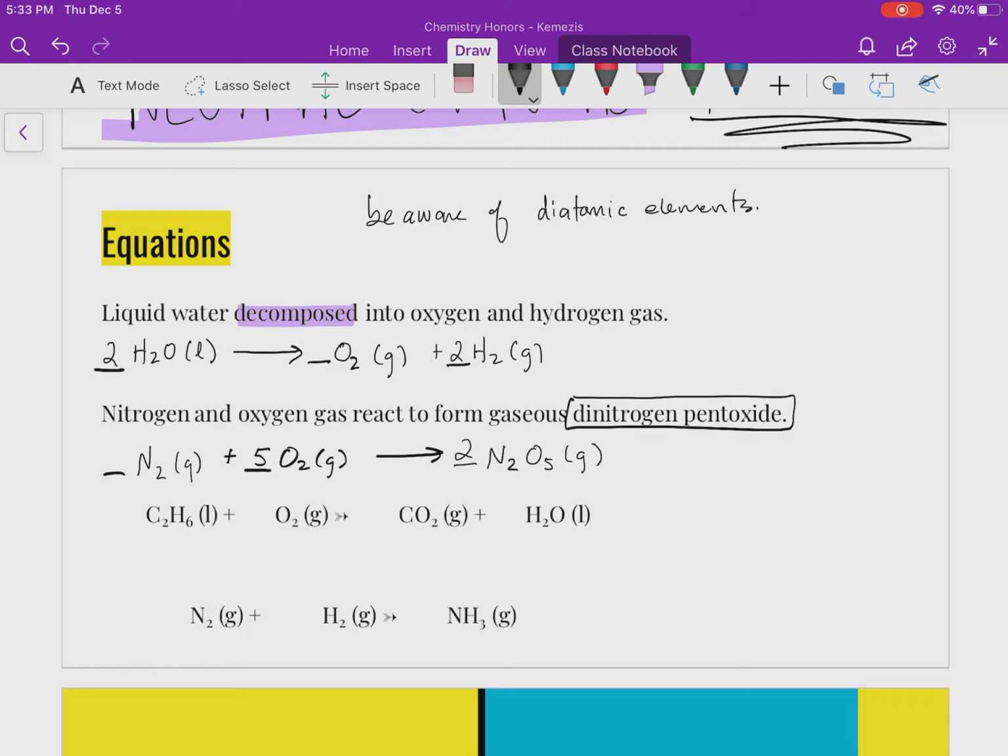And yeah, I unbalanced my nitrogens, but how easy is it to just put a 2 in front of the nitrogen, right? So just because nitrogen was set at 2 doesn't mean it has to stay that way. It just happened to be working at the moment, but in order to balance our oxygens, we had to change that, and that is okay. It is okay to erase and change things, and once you say one thing is balanced, it might not stay balanced.